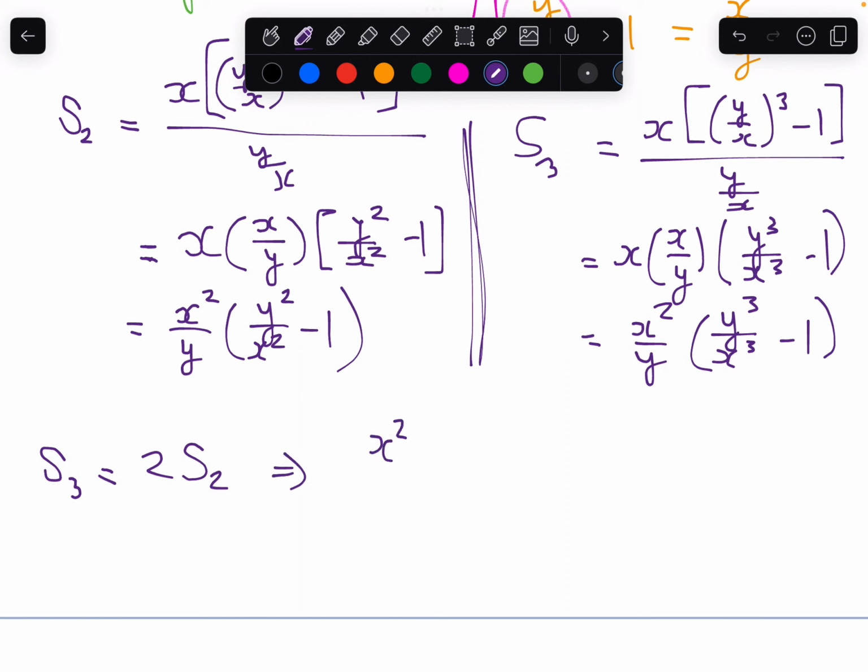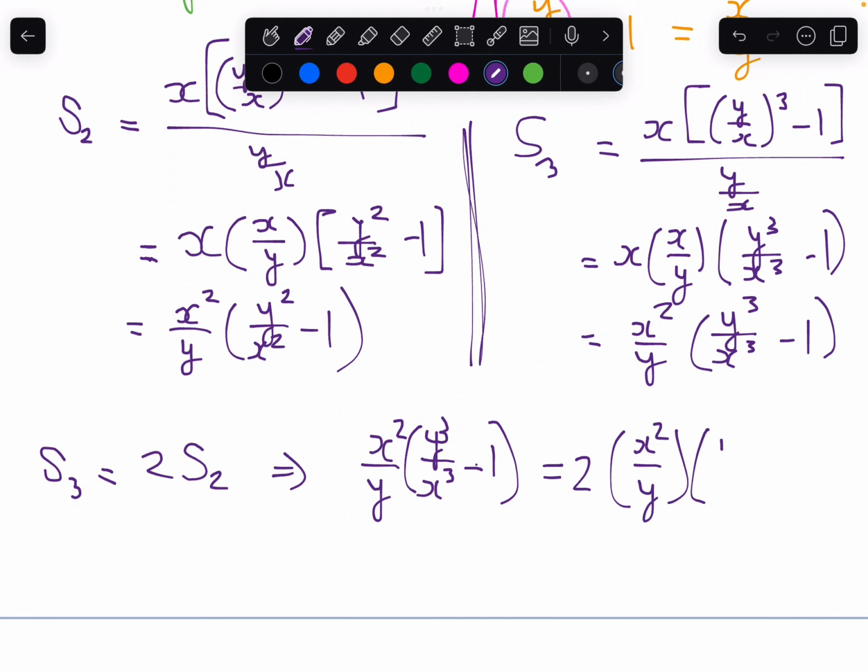So x squared over y times all of that is equal to 2 times x squared over y, y squared over x squared minus 1.